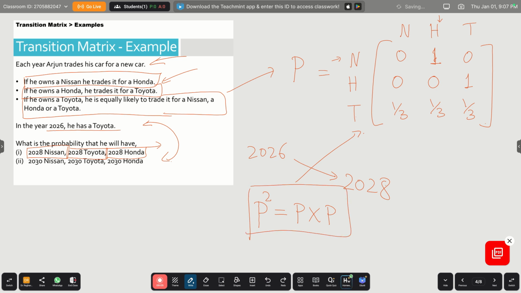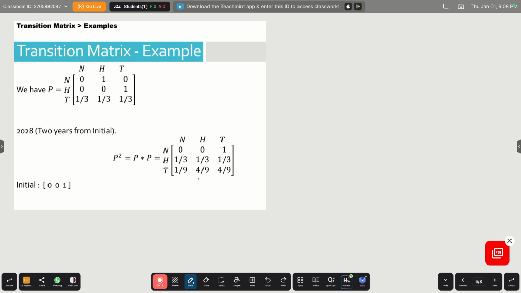If this matrix P is multiplied P into P, what are we going to get? So this is P. First row is Nissan, second row is Honda, third row is Toyota. Similarly, first column is Nissan, second column is Honda, and third column is Toyota.